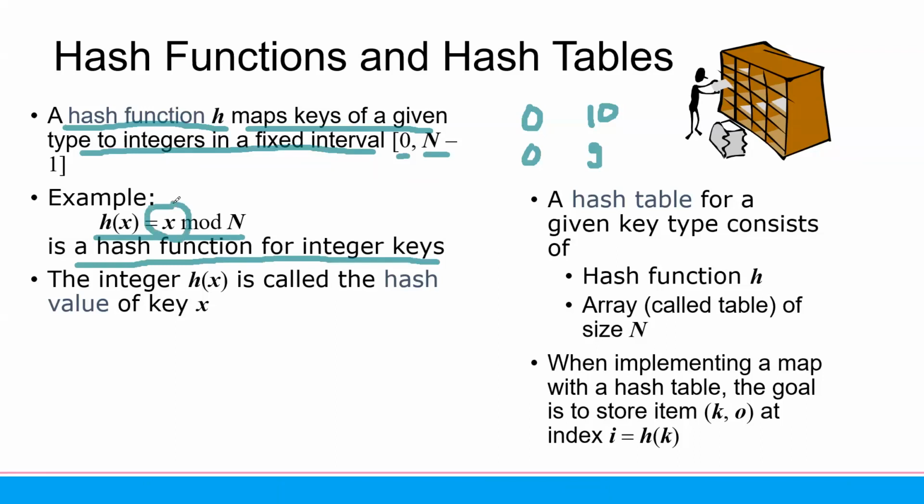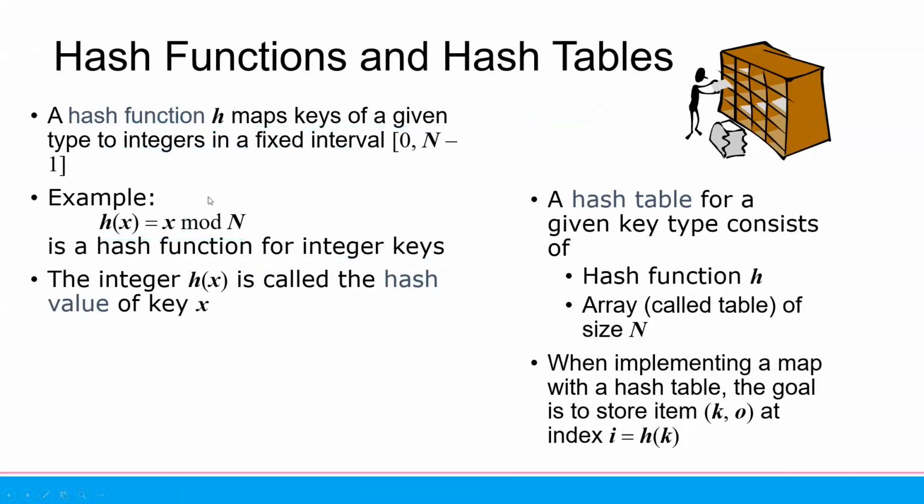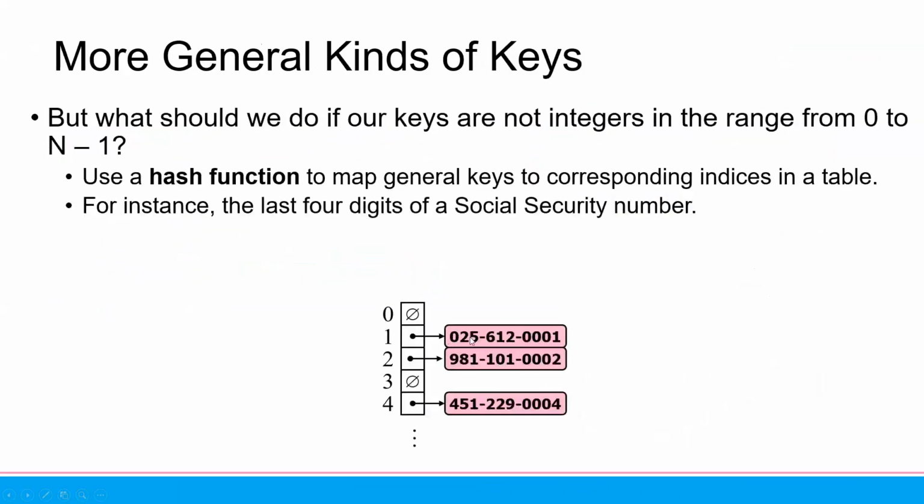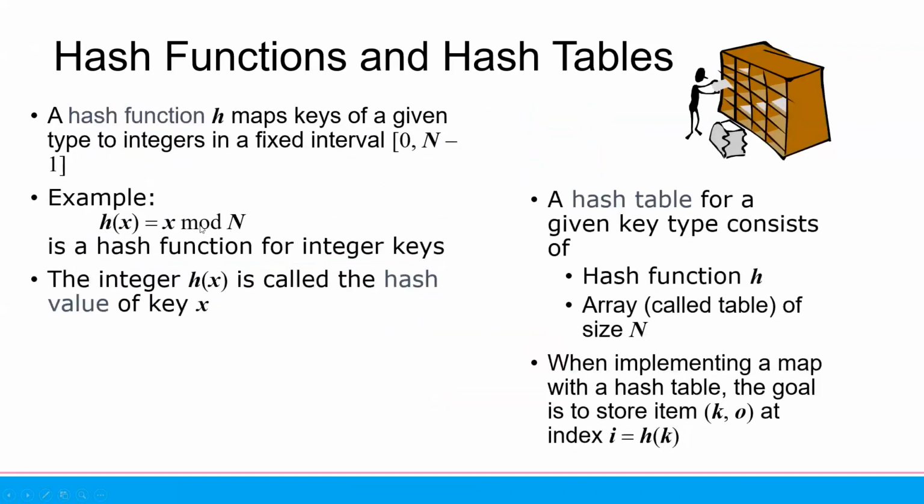If x is a very big number, let's say a big number like this one, 0 5 6 1 2 0 0 0 1, and I want to mod it with a number n. Let's say n is 10.